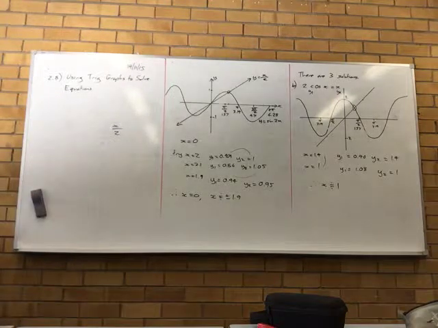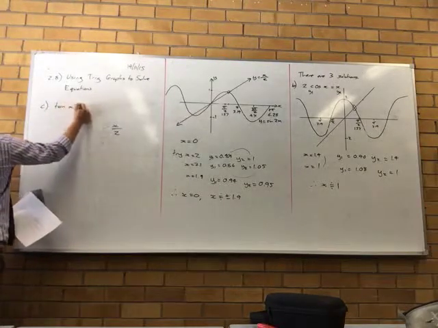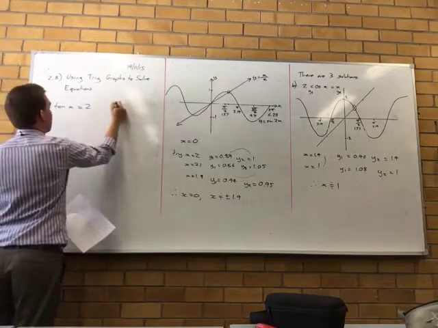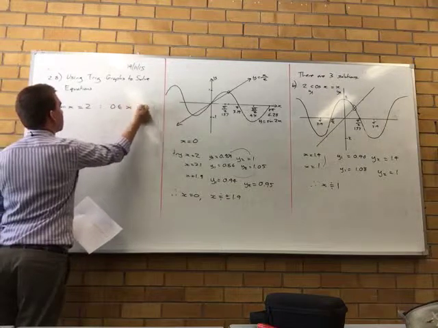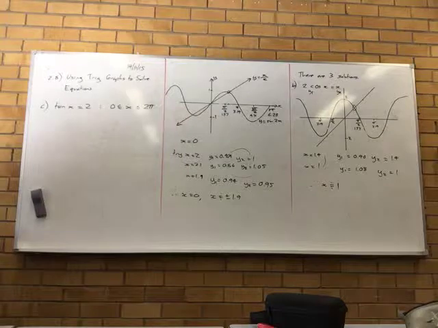Alright, last one. What are the approximate solutions of tan of x is equal to 2 in the domain 0 less than or equal to x less than or equal to 2 pi? The first two didn't have a domain.